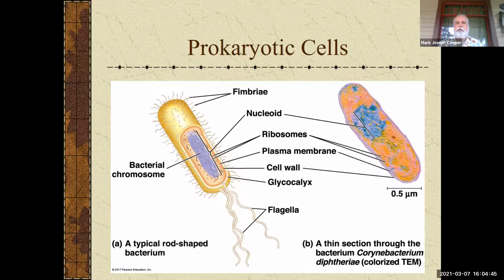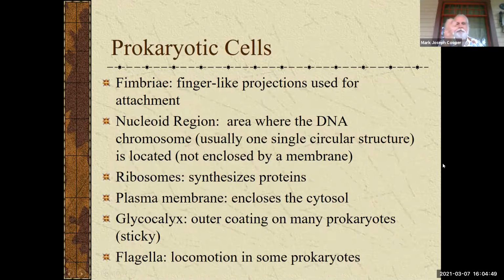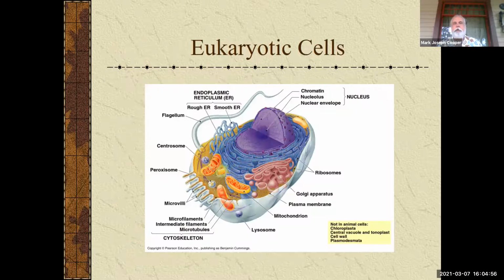All right, let's look at some eukaryotic cells. Again, EU means true. So here is basically what I said. And then here's a eukaryotic cell. This one would be considered to be an animal cell in theory.